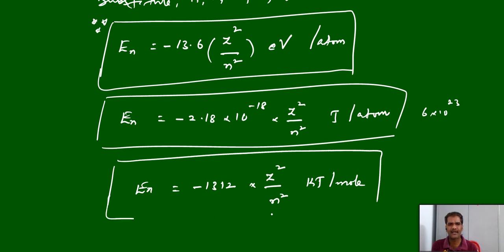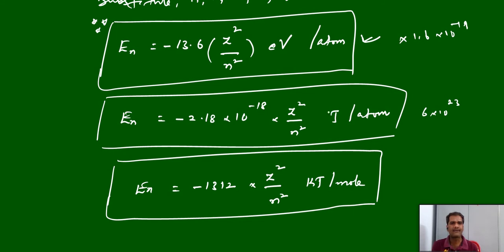These are the various values. Better to remember the first value. From this you can expand. If they ask in terms of joules, you write in place of electron volt 1.6 into 10 power minus 19. Just you multiply with this. And if they ask in terms of kilojoule per mole, you can take like this.